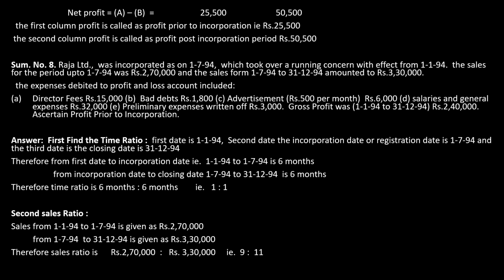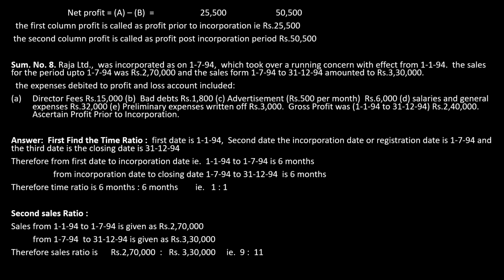The sales for the period up to 1st July 1994 was 2,70,000, and from 1/7/1994 to 31st December 1994 amounted to 3,30,000. Then the expenses debited to the P&L account included, what are the expenses that are debited in P&L?